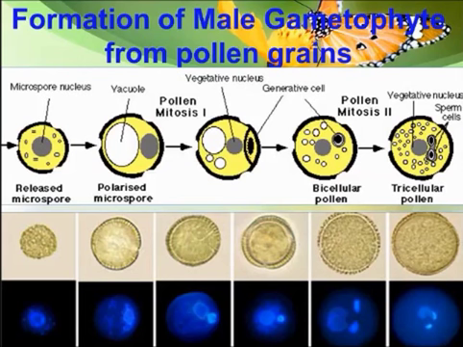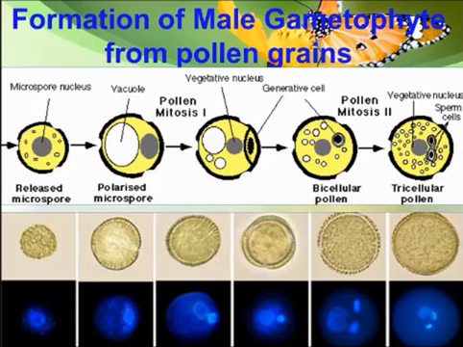In this position, the nucleus undergoes first pollen mitosis, resulting in the formation of two unequal cells, a large vegetative cell, also called the tube cell, and a small generative cell, each containing a haploid nucleus.